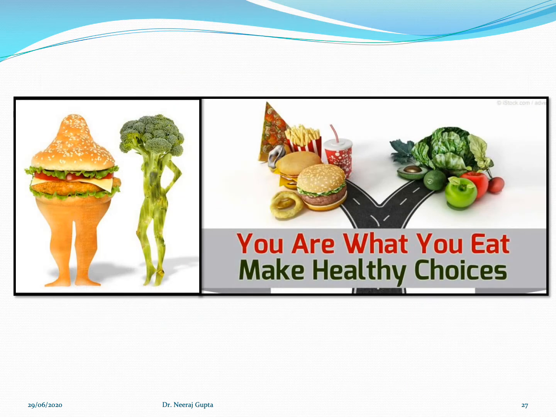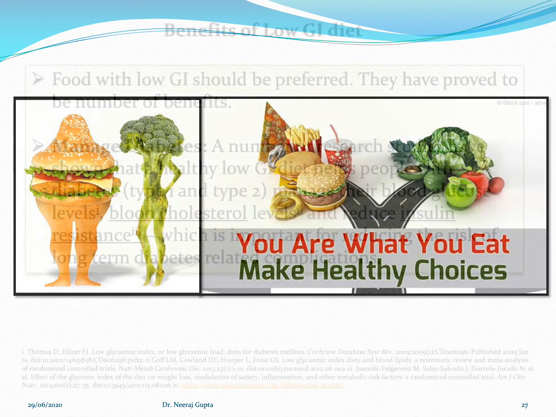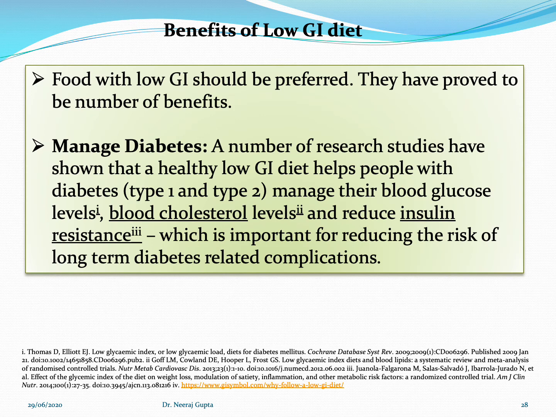So we all know that you are what you eat, so it's good to make healthy choices, as we have seen from this knowledge of glycemic index and glycemic load. And now further we will see what are the benefits of choosing foods with low glycemic index. There are many benefits of a low GI diet.